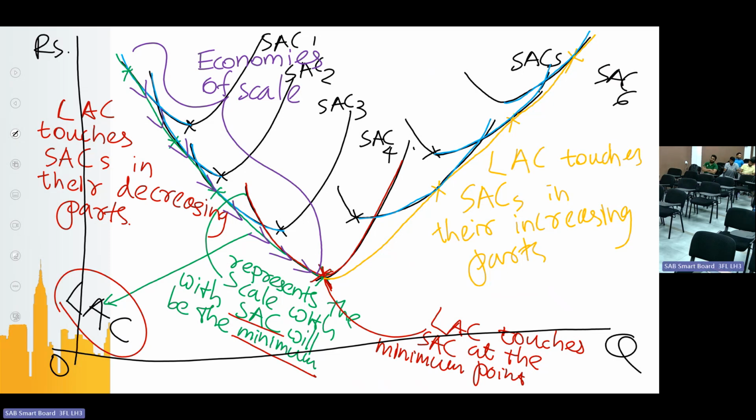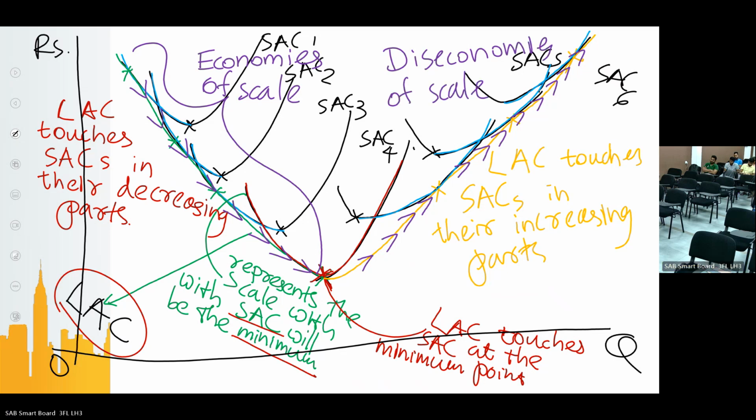When the long-run average cost curve is increasing, the firm is experiencing diseconomies of scale.